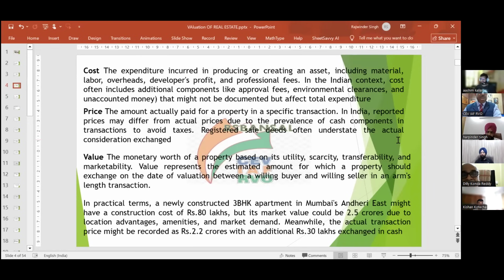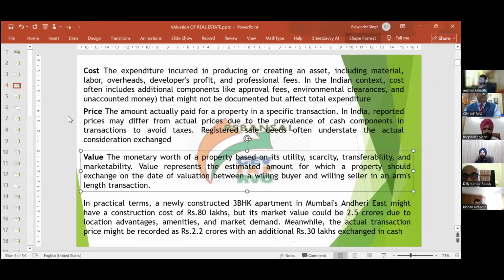Next, there are three things. As a valuer, you are mostly concerned with this term value. Whenever you have to do some work, you have to find out the value of the property most of the time.